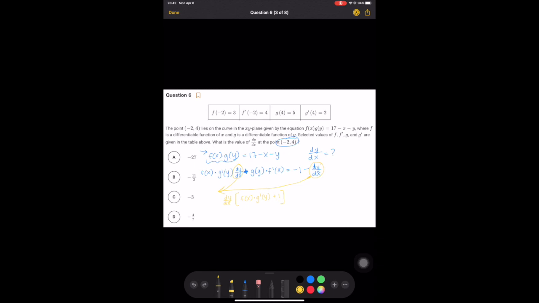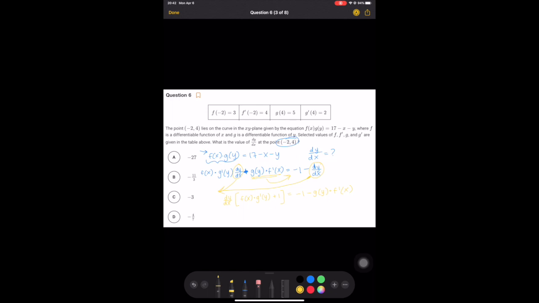Okay, so equals, I'm going to move these to the other side, and there's a negative 1 there already, so negative 1 minus g of y times f prime of x. Cool.